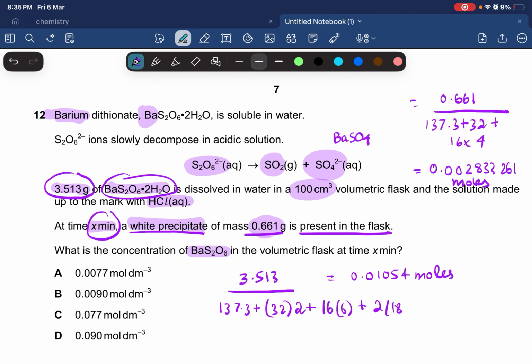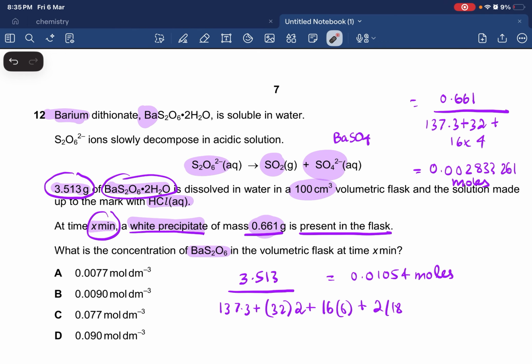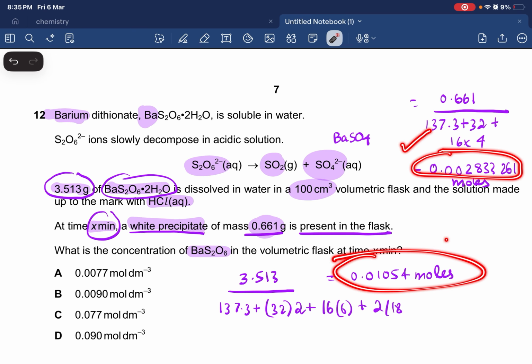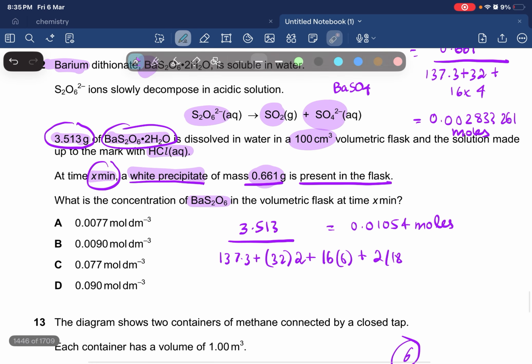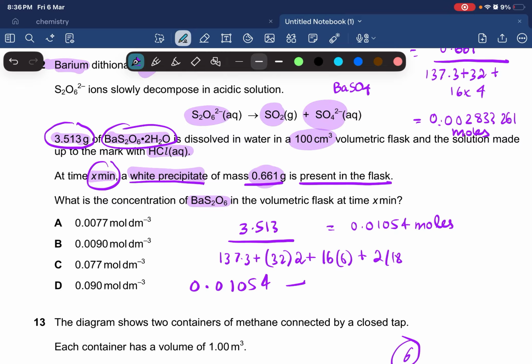Okay, I have to find the concentration of BaS2O6 in the volumetric flask, not the change, so the concentration at time x minutes. These many moles have been decomposed, and these were the initial moles. So this minus this is going to give me the amount of moles that are present, and then I divide the moles by volume to get the concentration. My initial moles were 0.01054, and at x minutes these many were decomposed.